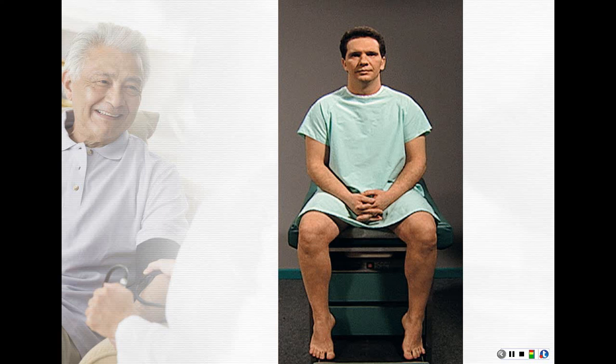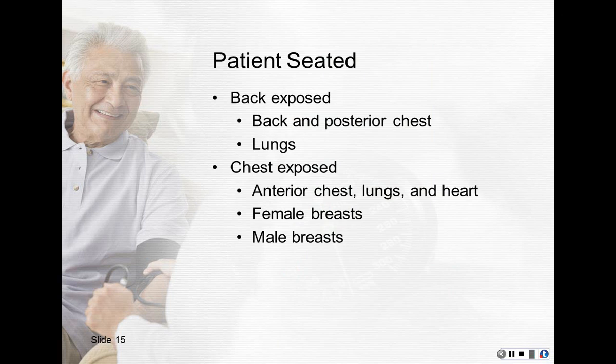I'll look at the back, look at the spine, see if there are any spots of pain on the spine. I'll check the CVA tenderness. So everything's done before I ask them to move to a supine position. The back is exposed. We have the back and posterior chest.